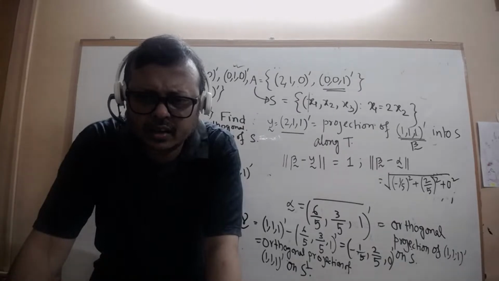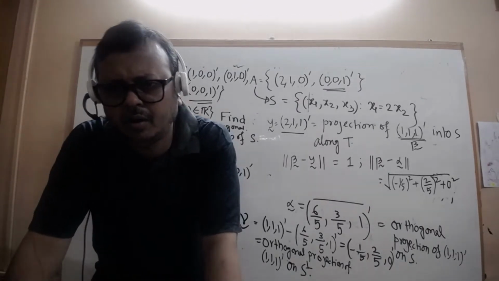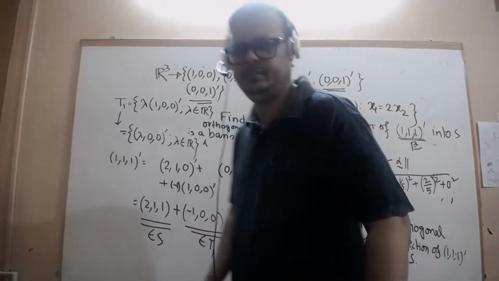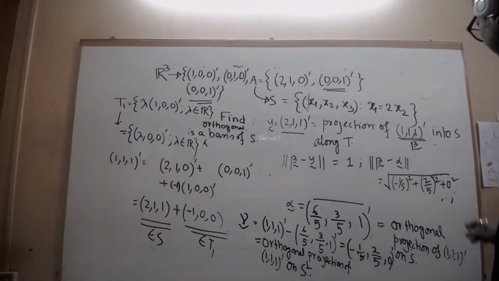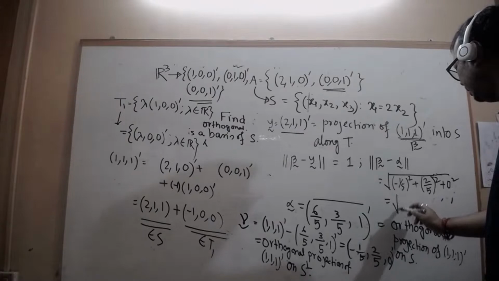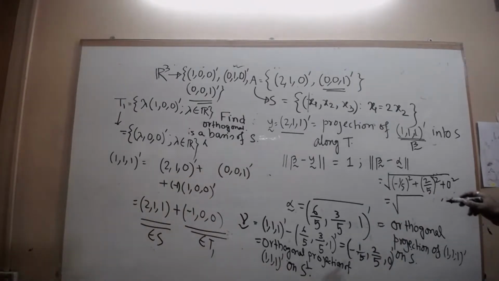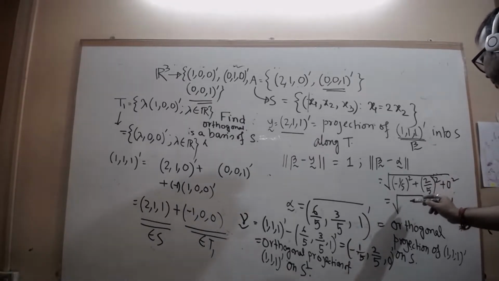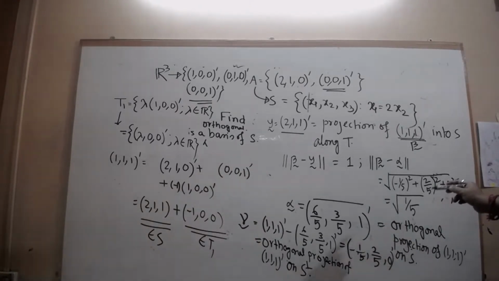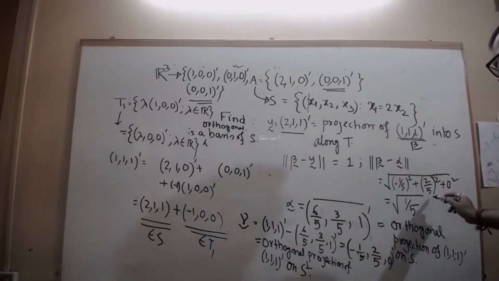Oh, gamma curve, okay, no problem. So this is equal to root of (1 plus 4)/25, that means 1/5. So 1 by root 5 should be less than 1.